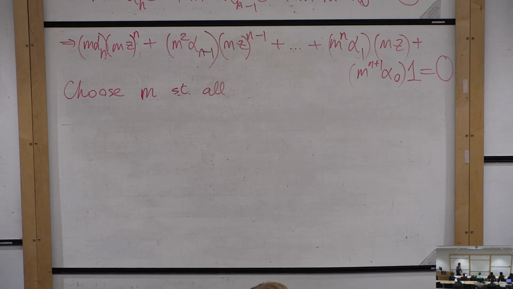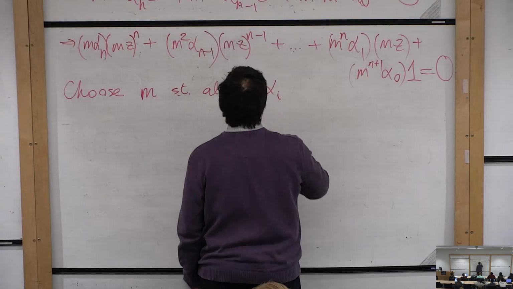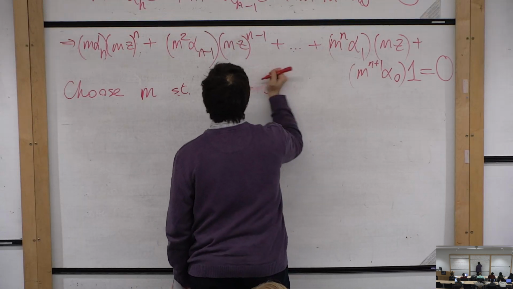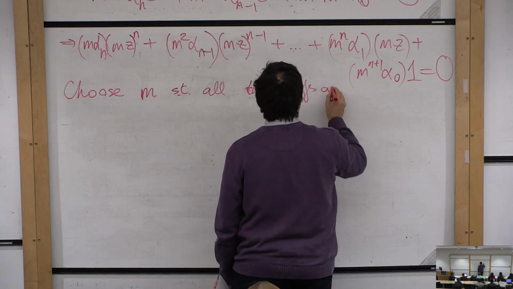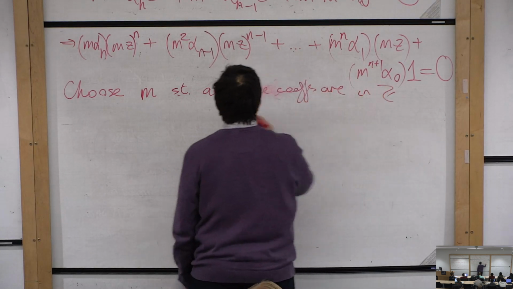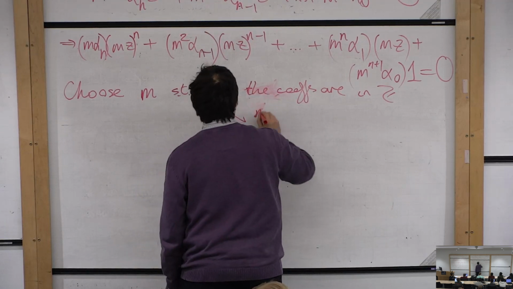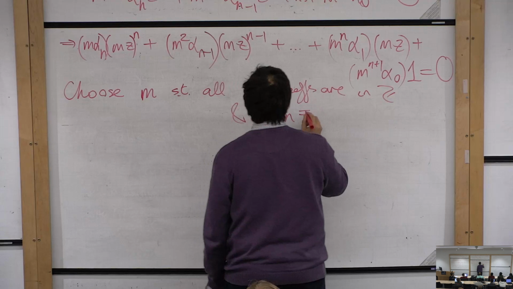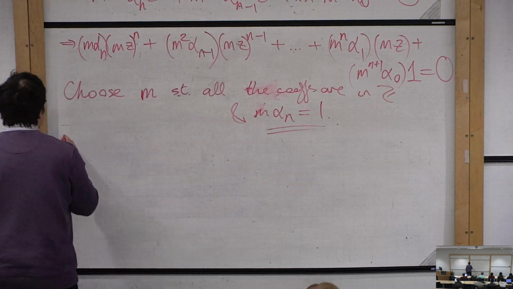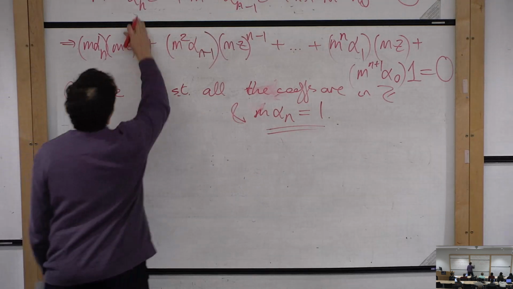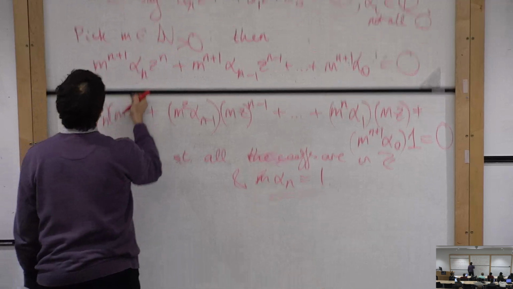It's true. All the coefficients are in Z, and the first one is 1. Then, finally, this is not so important, right? So this proves that then m z is an algebraic integer, which proves the reverse direction.